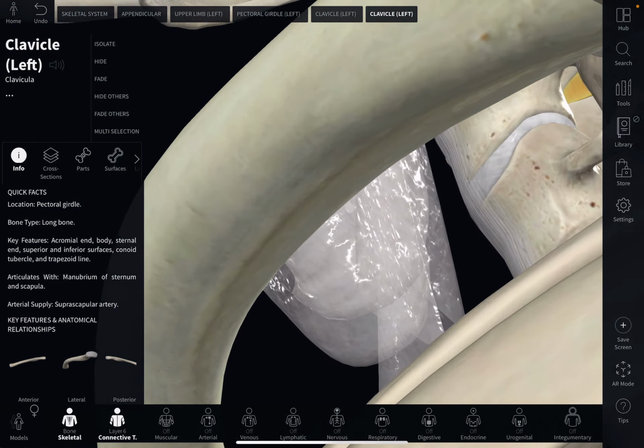That's the subclavian groove. So what else do we have on the inferior surface? One, we have a small depression. This small depression is actually for the costoclavicular ligament.